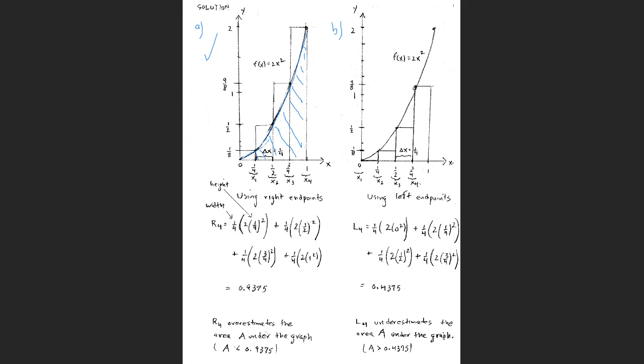But you see, since the area under the function 2x squared, under that parabola, that's not the area of a triangle. That's not the area of a square or a trapezoid. It's not an area that I have a formula for. For you all, this would be the first time finding an area like that.